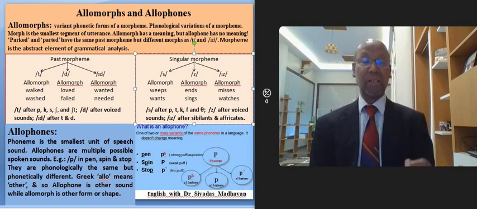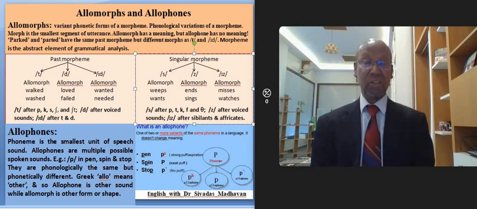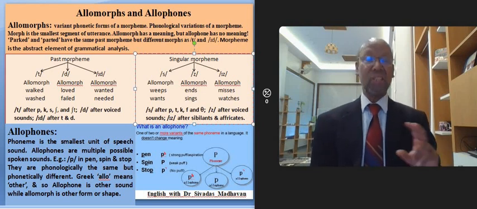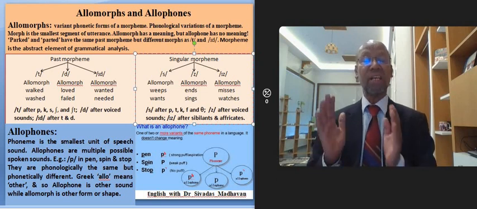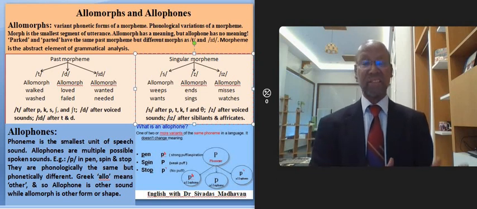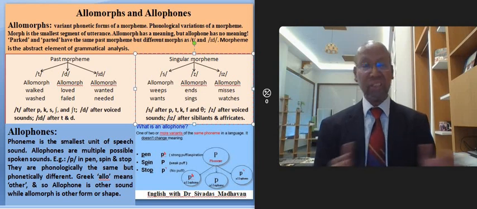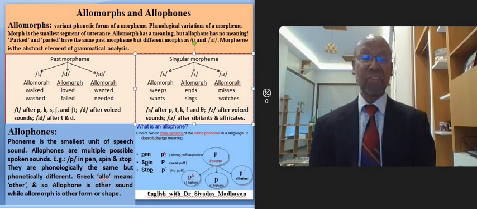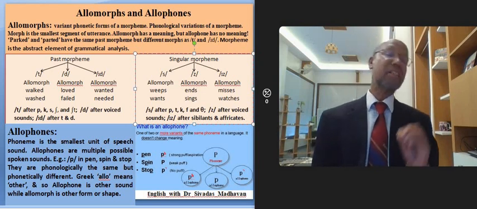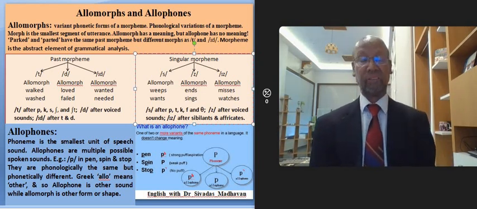For example, buses, churches, etc. So in the case of singular forms of the verbs, we have s, z, and iz. So these are the examples of allomorphs. Allomorphs are phonologically conditioned morphs or morphemes.